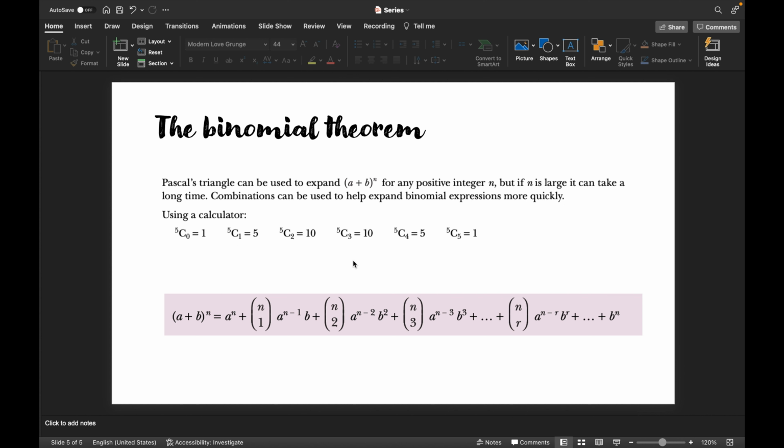There is a function which says nCr, and you just use that to find it. And this is the general formula. I'm pretty sure it's going to be given in the formula booklet. Even if it's not, there's no problem because this is just logic. If you know the logic of the ascending and descending powers and the logic of nCr, you're fine. You'll be able to answer every single question that might come.